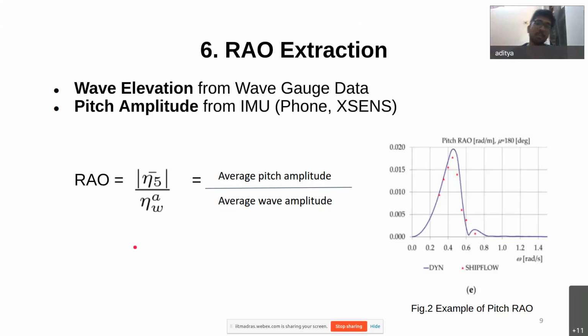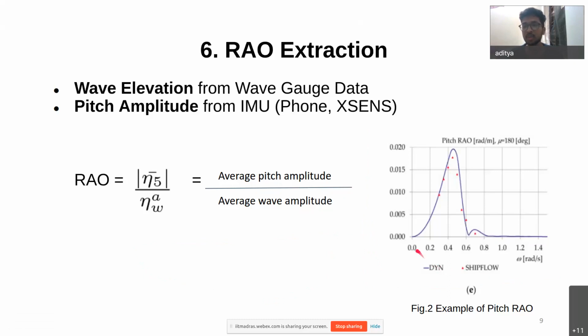So using the wave generator, a wave will be created for a particular frequency. For that frequency, what will be your response? That can be characterized using this RAO. You can see on the right side, this is a general pitch RAO. We just found it on the internet as a sample image.